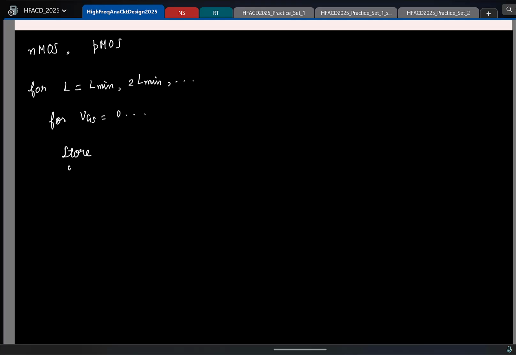So I'll store GM by ID, GM by GDS, GM by W, GDS by ID, GM by CGG, ID by W, etc. All kinds of width independent parameters you store and then you finish. That's it.